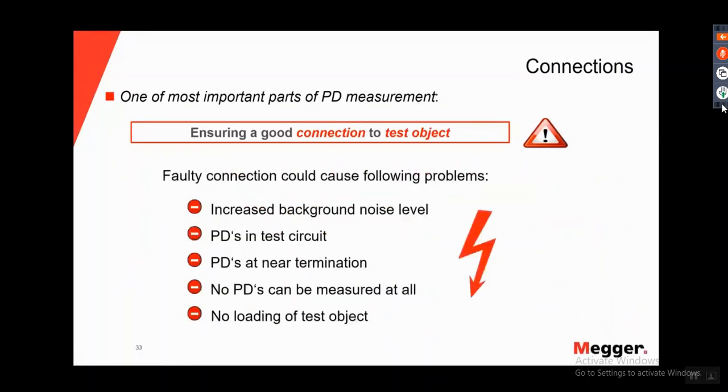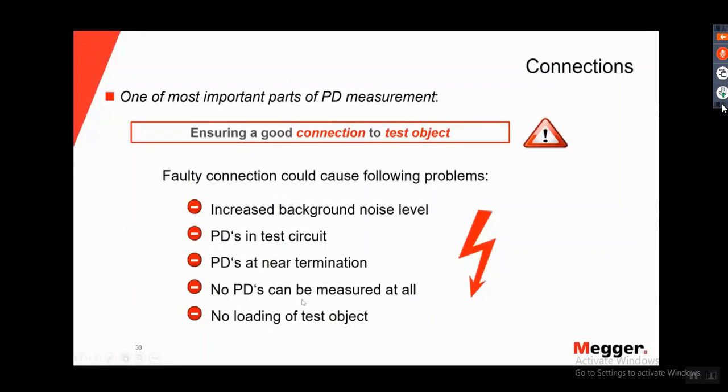And it's very important that during the connections, we are very careful doing all the connections between the cable under test and our unit, because a faulty connection could cause an increased background noise level, or maybe we could create partial discharge in the circuit. We can put partial discharge in the circuit with a faulty connection, or maybe we'll create a partial discharge at the near termination.